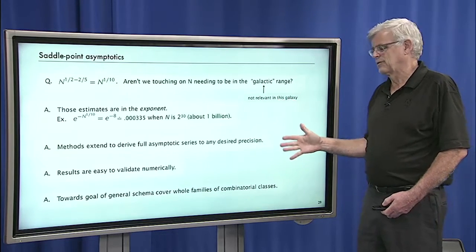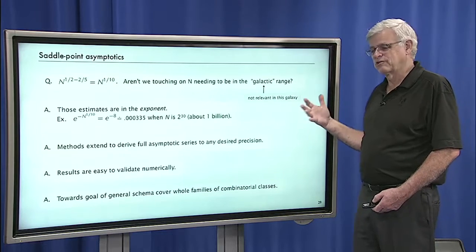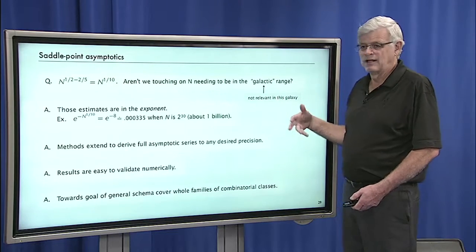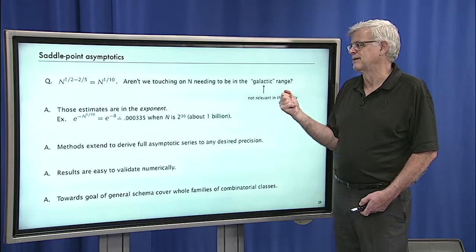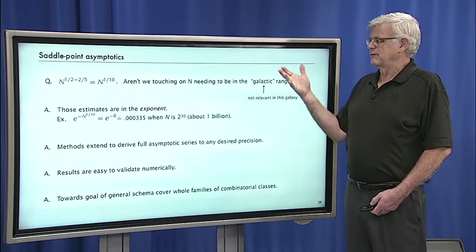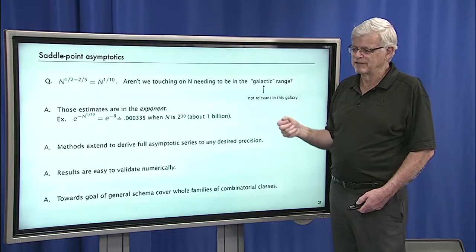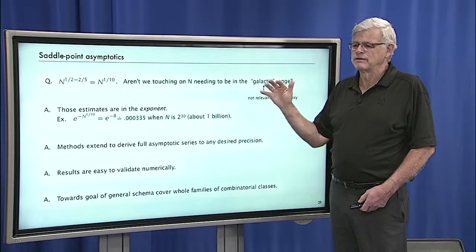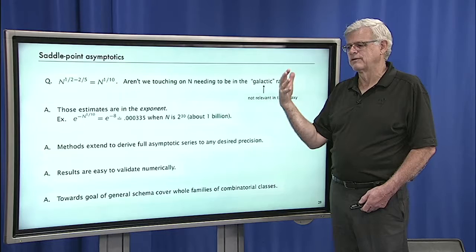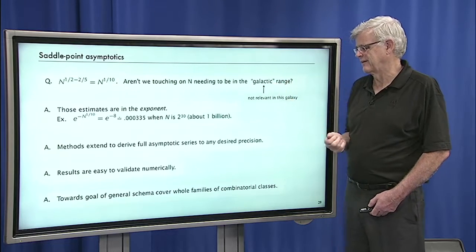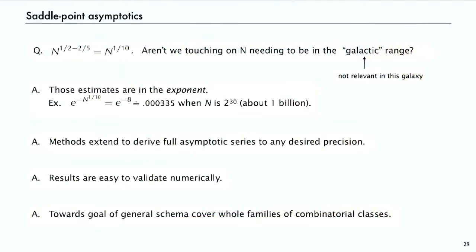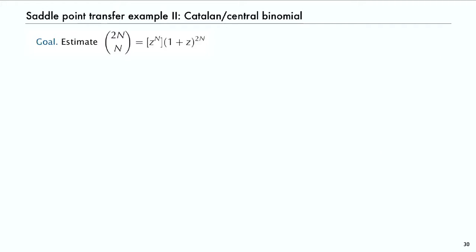We're still pushing towards the goal of having a general schema that'll cover whole families of classes. It's hard to say that we're as far along on this goal for saddle point as we are in some methods, but when you look at the extension to limiting distributions, we actually are. But that's an advanced topic beyond the scope of this course.